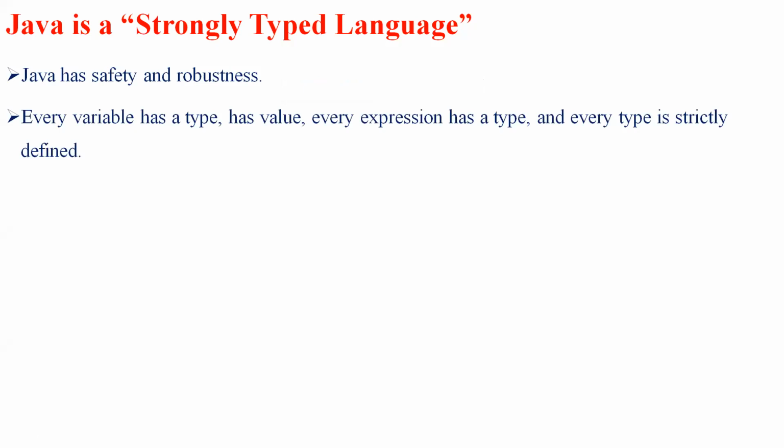We call Java a strongly typed programming language because each and every variable, or every type of data, such as integer, character, hexadecimal, packed decimal and so forth, has some values and expressions. Each and every expression has a type, and every type is strictly defined.